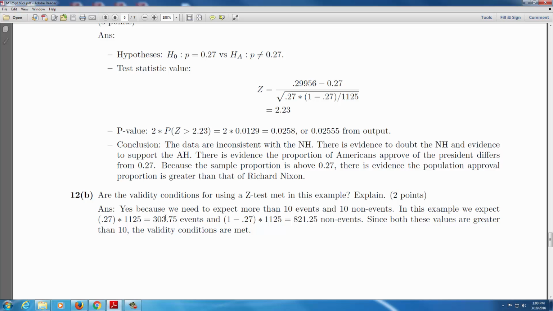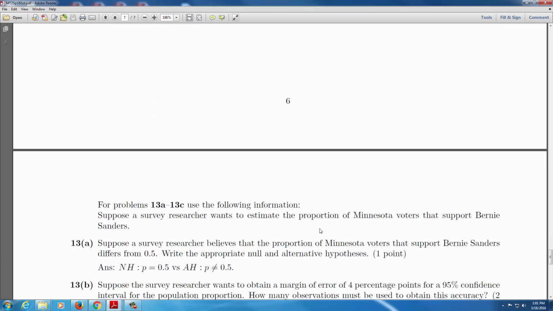That's clearly bigger than 10. The expected number of non-events would be (1 minus p naught) times n, and that is clearly more than 10 as well. So the validity conditions for using a z-test have been met. A lot of people just said there were more than 10 events and 10 non-events, and that's the confidence interval conditions. This was the test conditions I asked you about, so you probably only got 1 point if you used the confidence interval conditions. To get 2 points, you needed to use the test conditions.